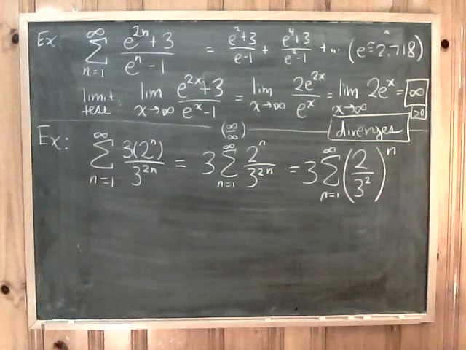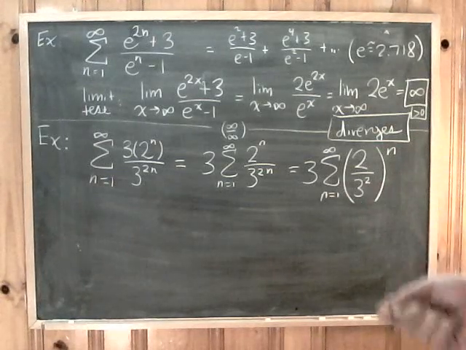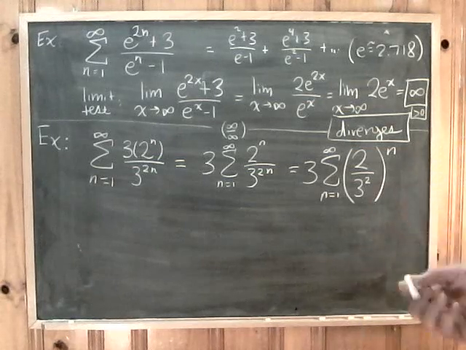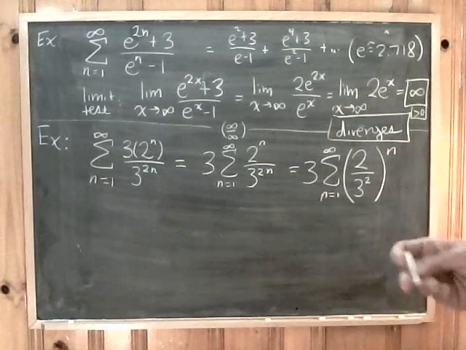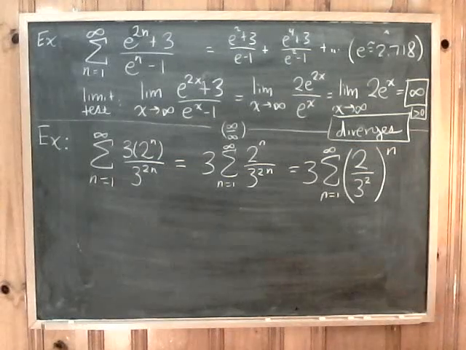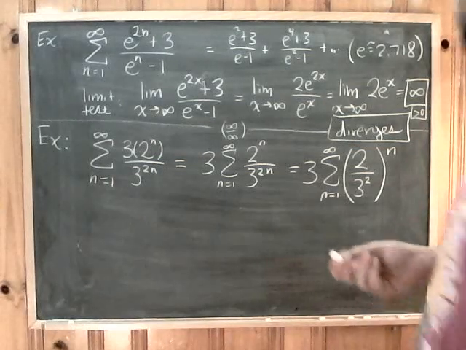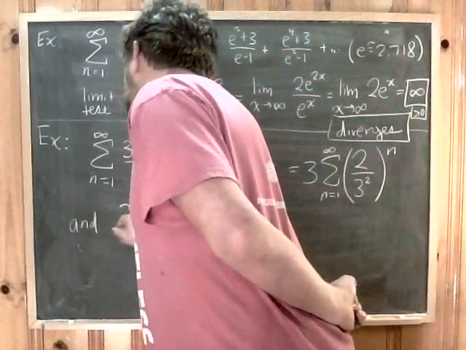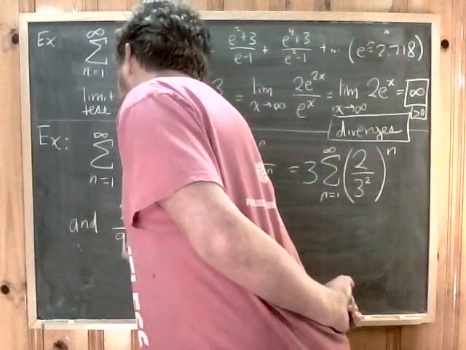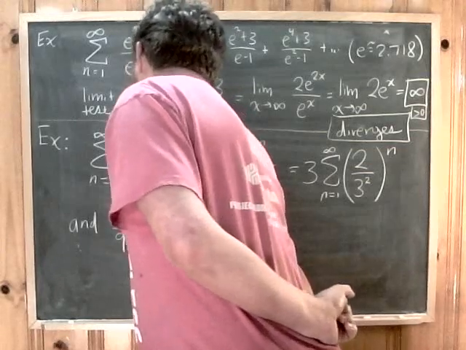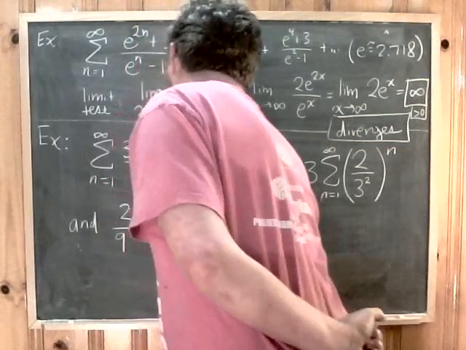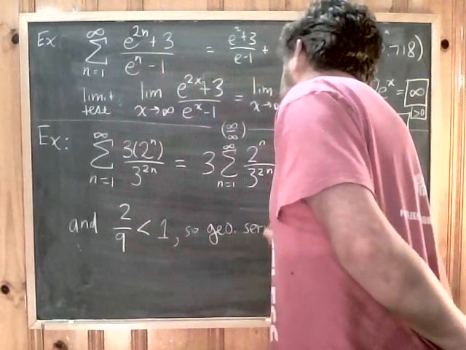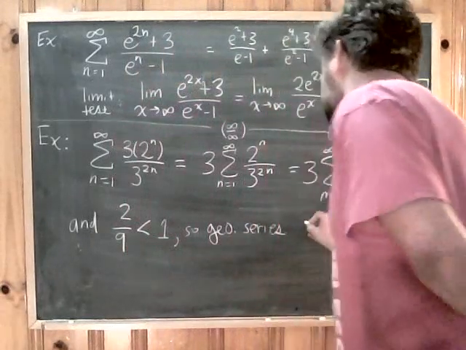If there's an exponent inside the parentheses and outside, you can multiply them, 2n. So 2 over 9 is the actual base that's being taken to that power n. 2 over 3 squared, or 2 over 9, is less than 1. So the geometric series converges.